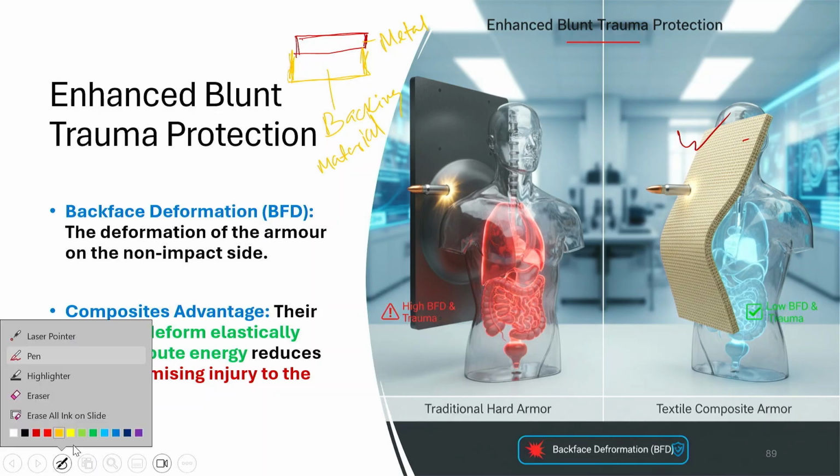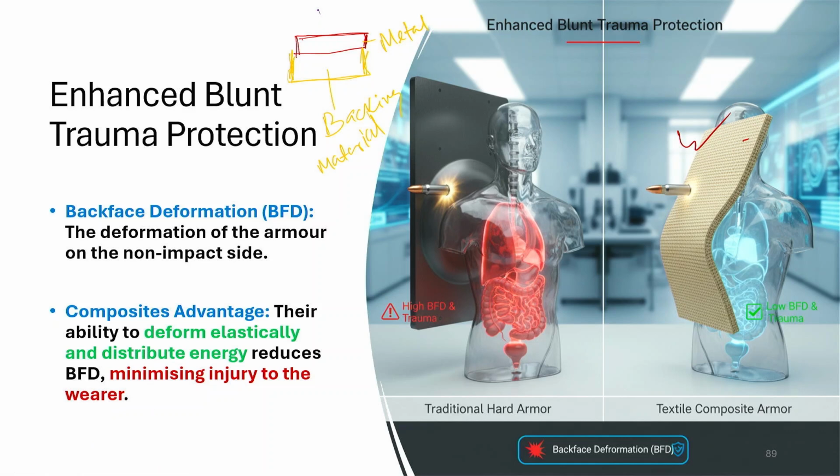Now, when some projectile like a bullet hits here, as it is hard, it will try to reflect the bullet or there may be damage, but this total solid hard material will take the impact and there will be large deformation, maybe this type of deformation, because it will carry high kinetic energy.